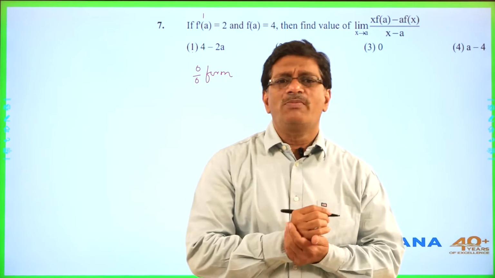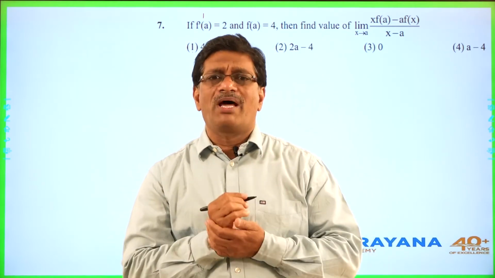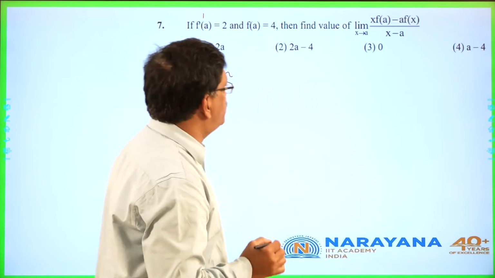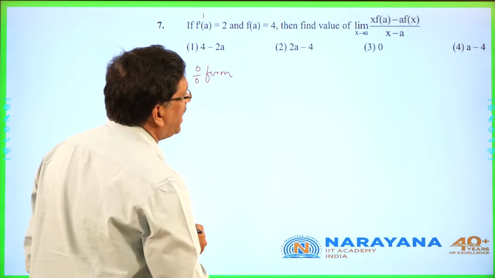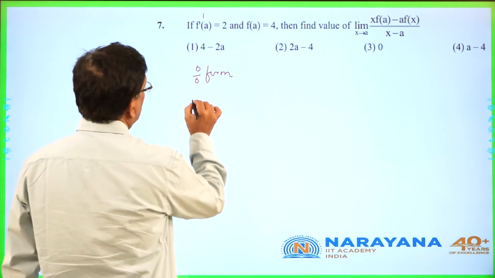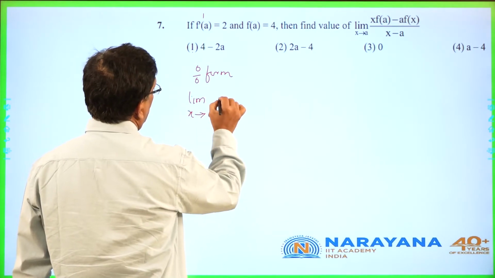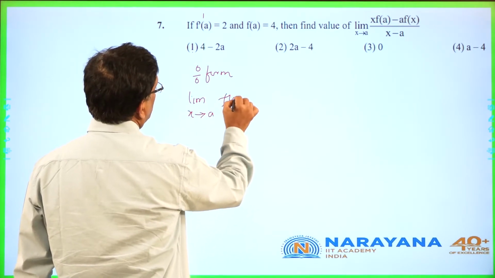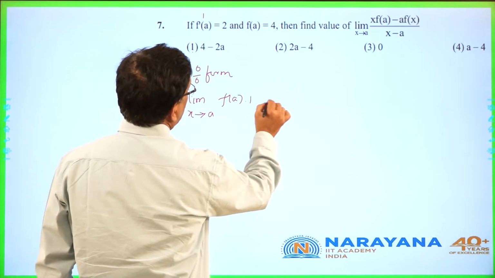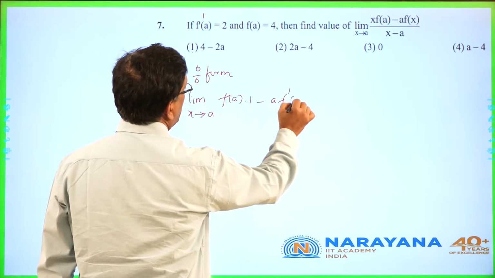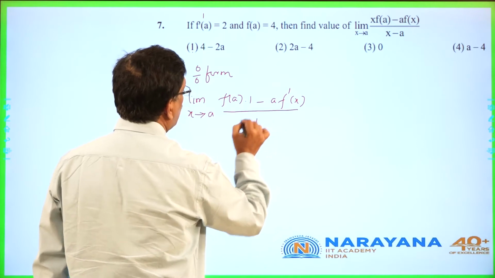Whenever it is a 0 by 0 form, we know that we have to apply L'Hopital's rule. That is, differentiate. Remember, here x is the variable. Right. Limit x tends to a, f of a into 1 minus a into f dash x by 1.